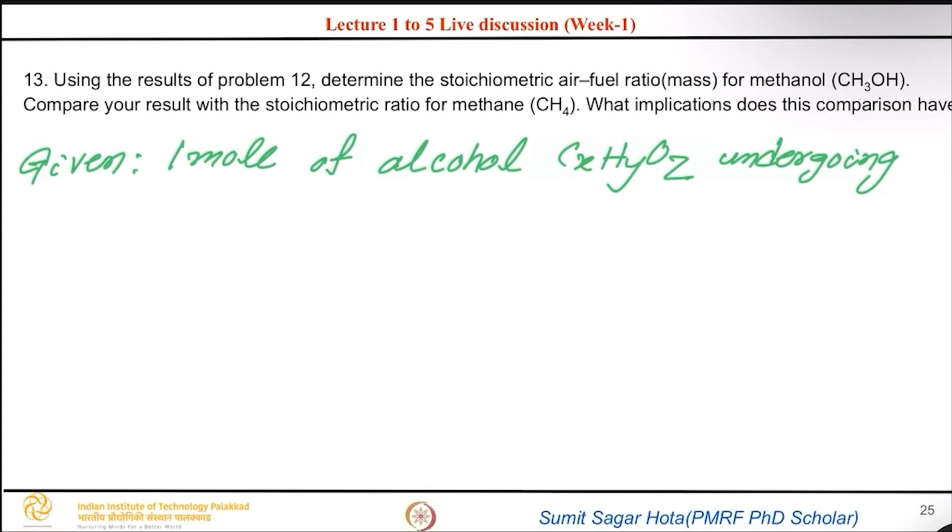That means there should not be any carbon monoxide, or carbon atom, or NOx formation. All these things should not be there. Directly we get carbon dioxide, water, and nitrogen. So this is what is called complete combustion. I think this was already discussed in the class.